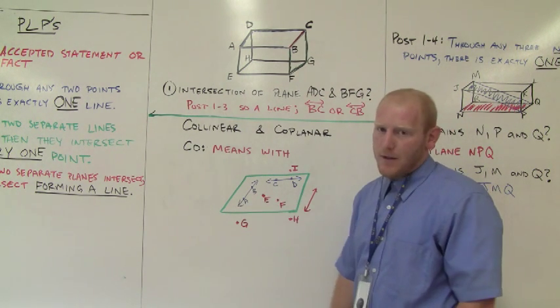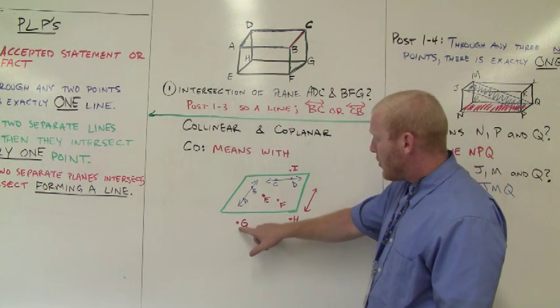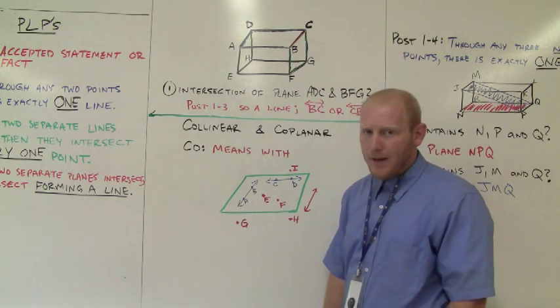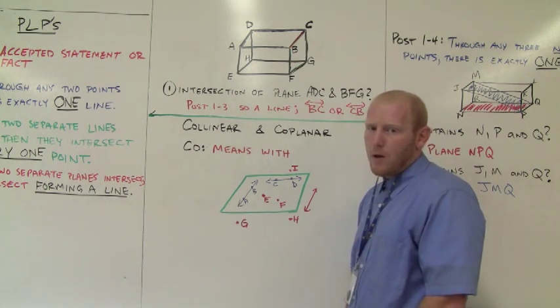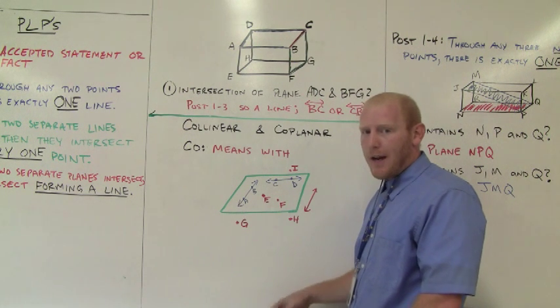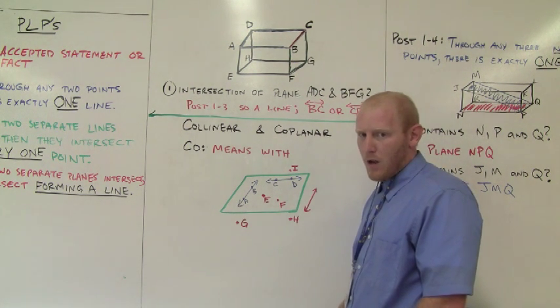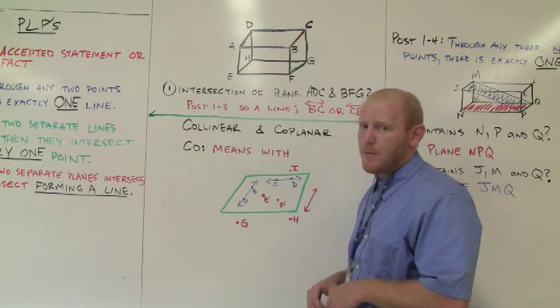E and B are not on the same line, so they're not collinear. As you see here, G and E are not going to be coplanar because they're not on the same plane. This line and this line wouldn't be coplanar because they're not on the same plane. And etc. That is coplanar and collinear. If you have any confusion, hopefully it's wrapped up in the next example, or you can ask some questions tomorrow.